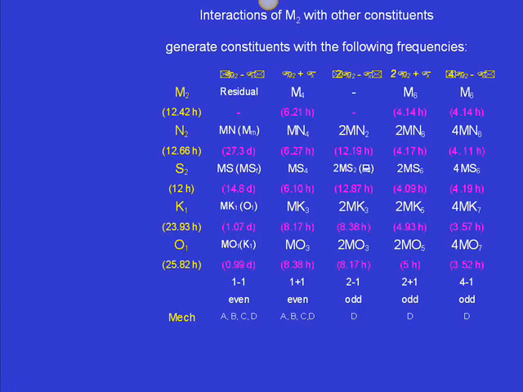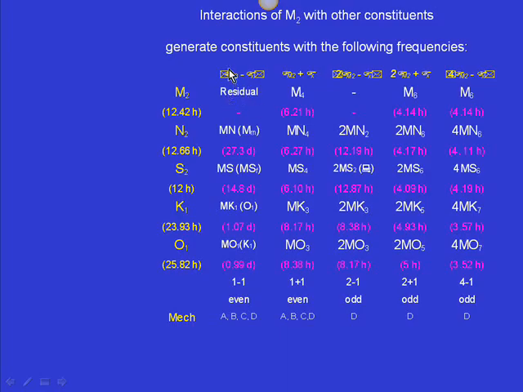Okay, so let's go step by step. If you remember, when we showed the cosine squared, the M2 generates a residual term and a double frequency term. The residual term here is the difference between the M2 interacting with itself, so the difference in frequencies equals 0, and that's a residual term.